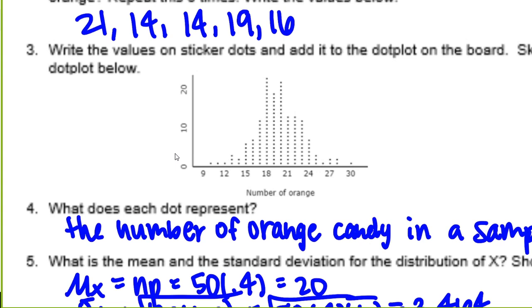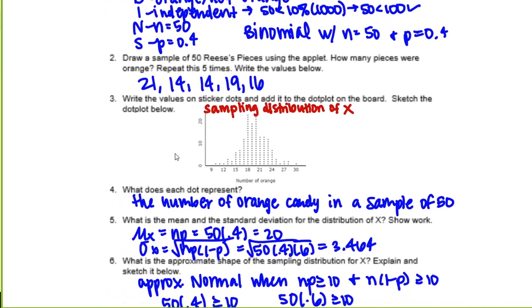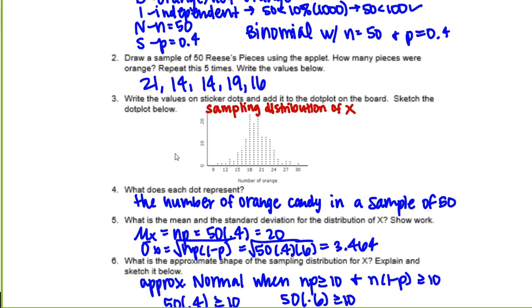So we're going to label this as the sampling distribution of X, where X was the number of orange candies in 50 Reese's. And so I'm just going to circle this one right here.